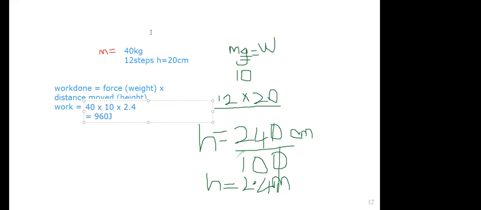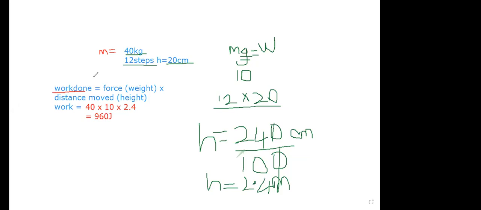She asked me to explain again what I have written here. To explain for you, Esther, we start with the question. They gave us a man of mass 40 kilograms moving up a staircase of 12 steps, each having a height of 20 centimeters, and they asked us for the work done.